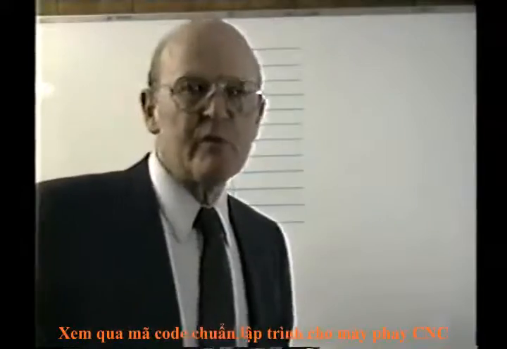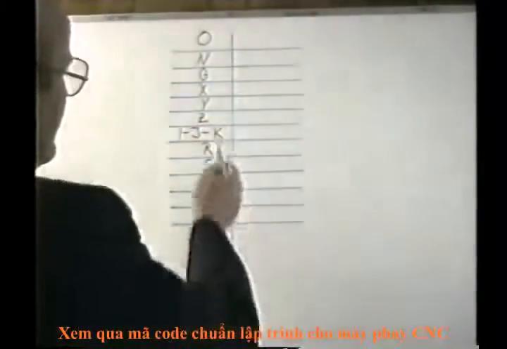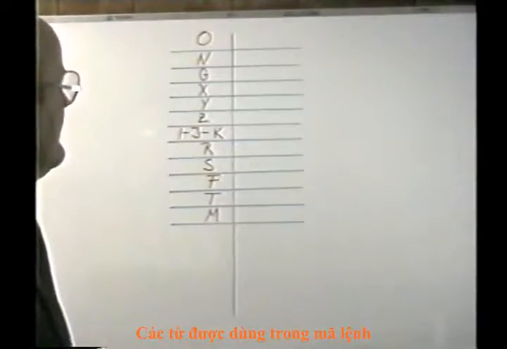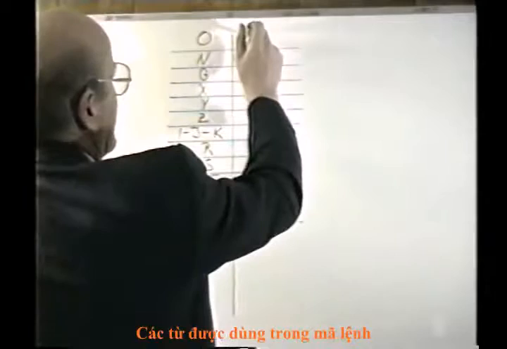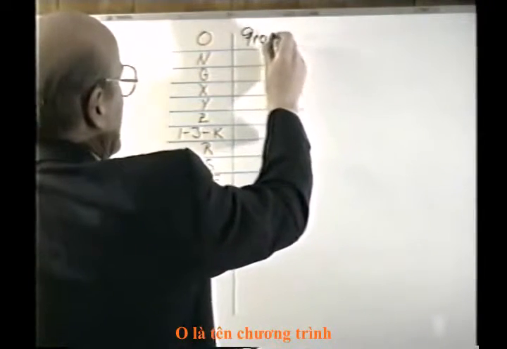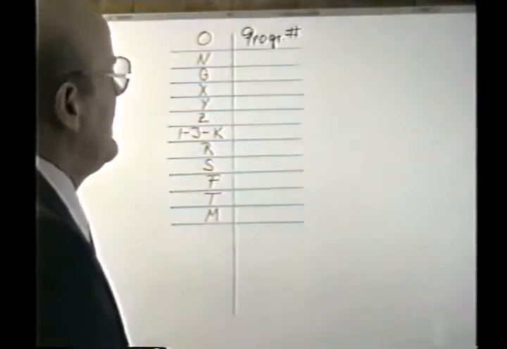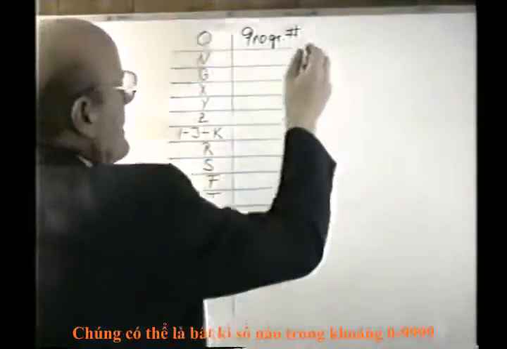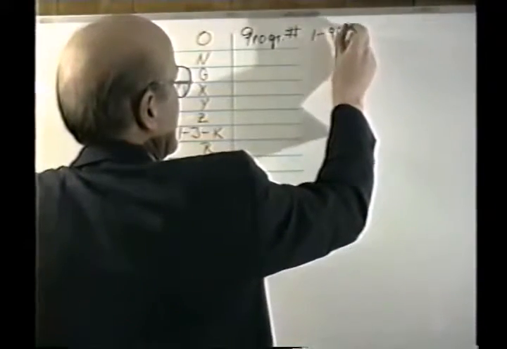Let's take a look at the typical coding for CNC mill programming. These are the letters we have to work with, and basically the letter O is a program number. This is called a program number. The number could be anything between 1 up to 9999.